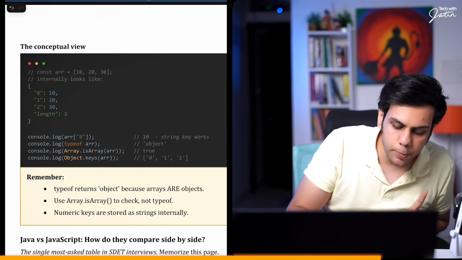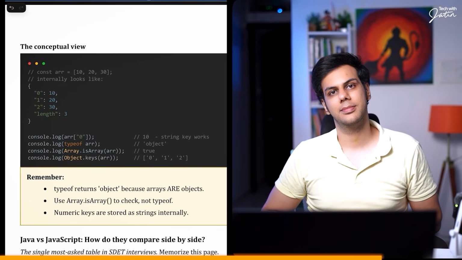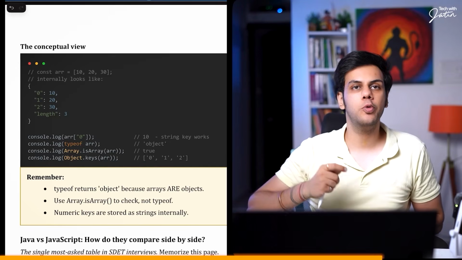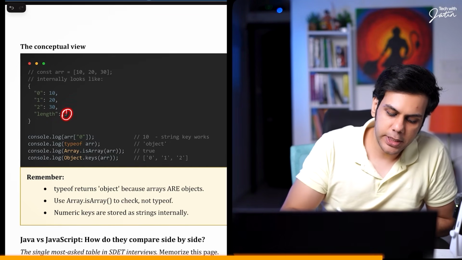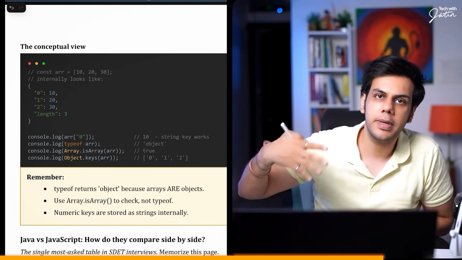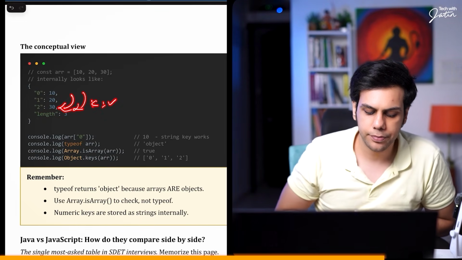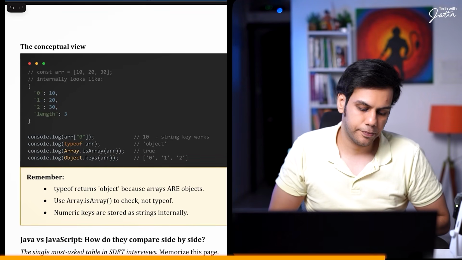It also has one property, the length property. So you can do array.length and it is going to fetch it from here. And this value gets updated automatically because we can add more and more keys over here. Are you getting the point?